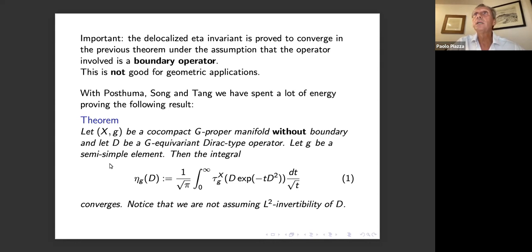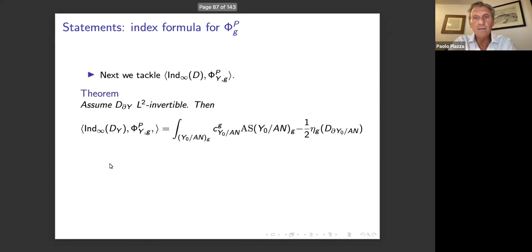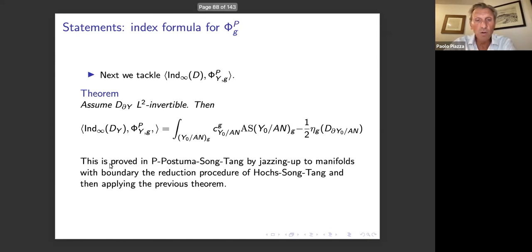Very well. So now let me go to the other index formula. The other index formula looks formally the same. Namely, we go to this quotient and we obtain this index formula, and it is proved in the same way. Analytically, this is much more complicated because you have the boundary to deal with, but basically the ideas are already in Hochs, Song, and Tang.